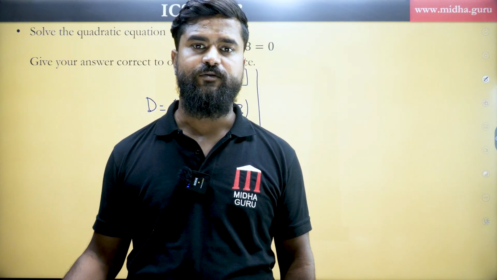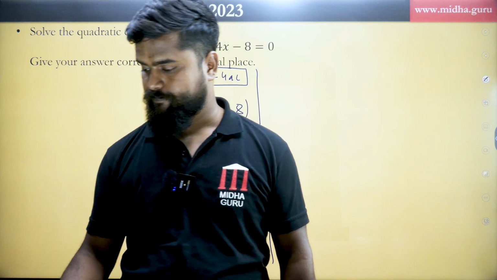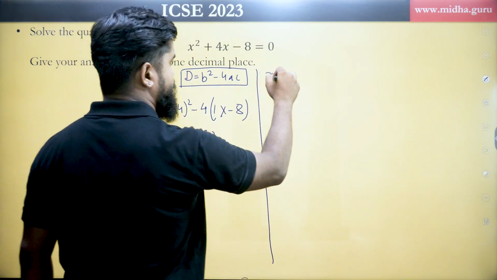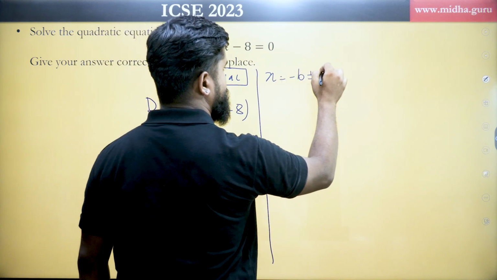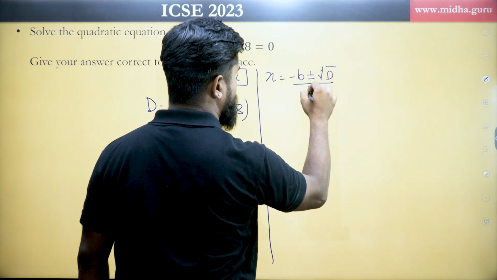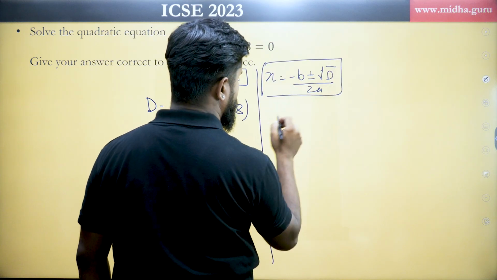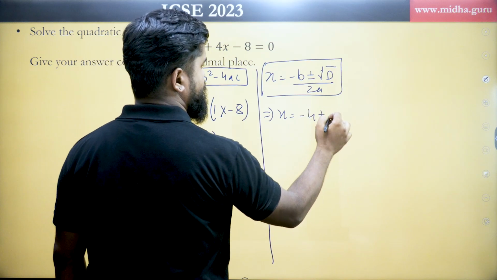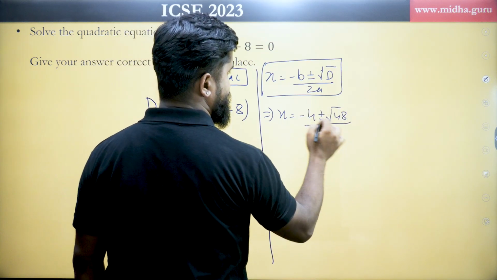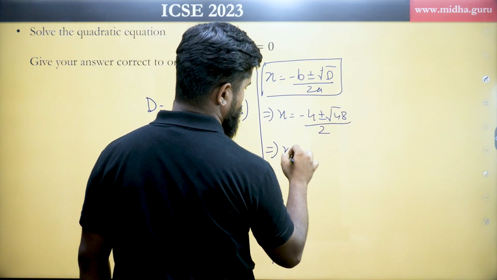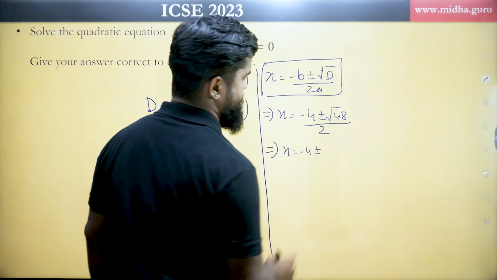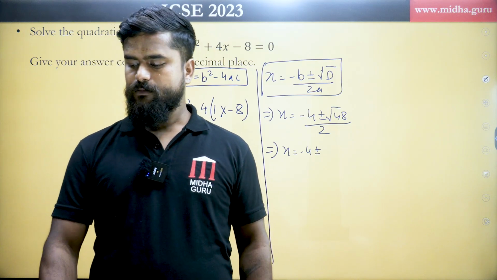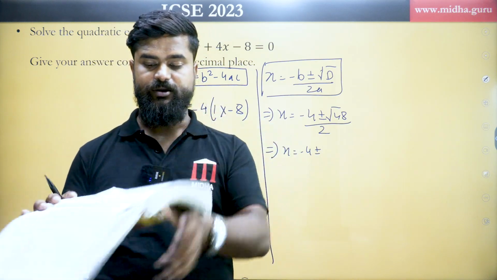Now we'll solve this equation by the quadratic formula. So x will be equal to minus b plus or minus the square root of the discriminant by twice of a, which means x is equal to minus of b, that is minus of 4, plus or minus the root of 48 divided by twice of a, that is 2. Now again, for the square root of 48, we go back to the square root tables.